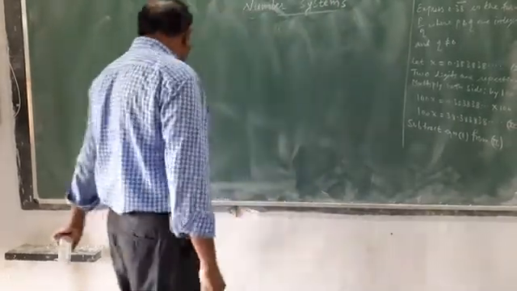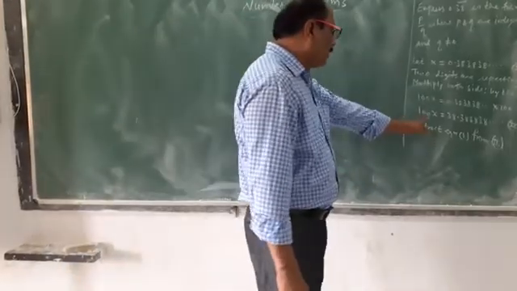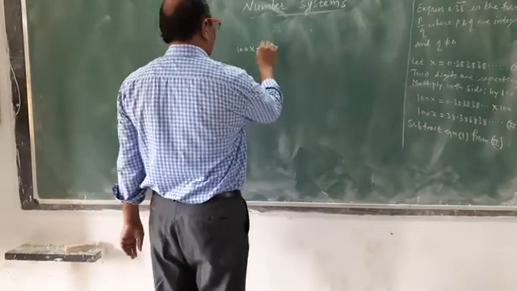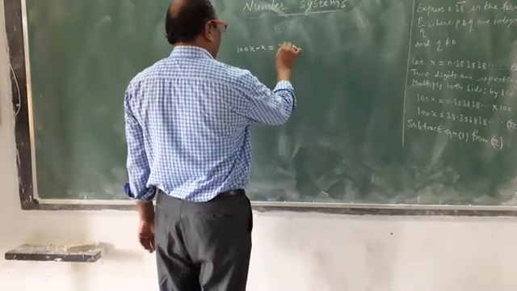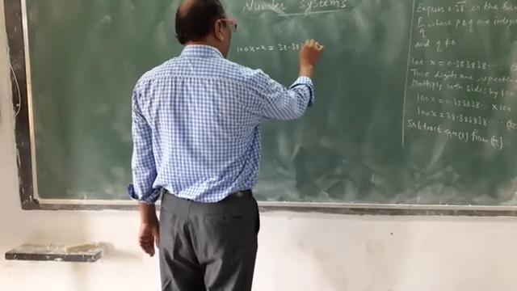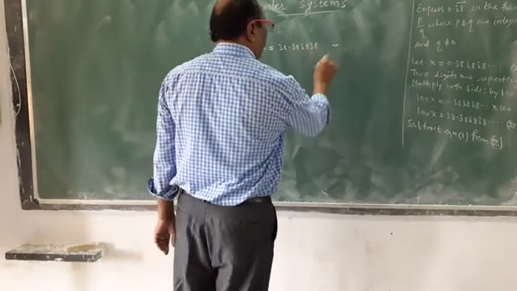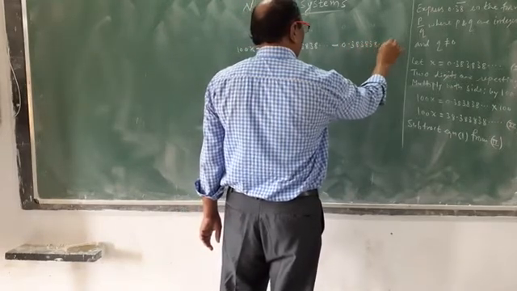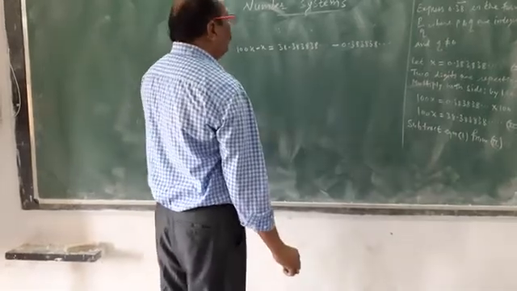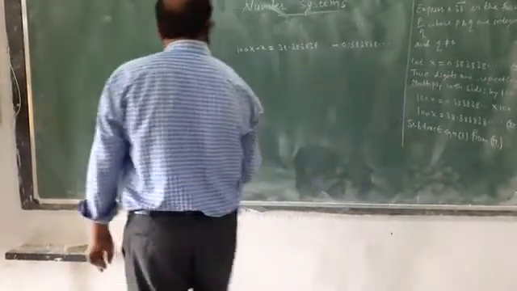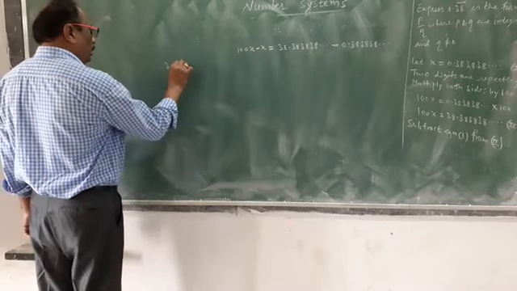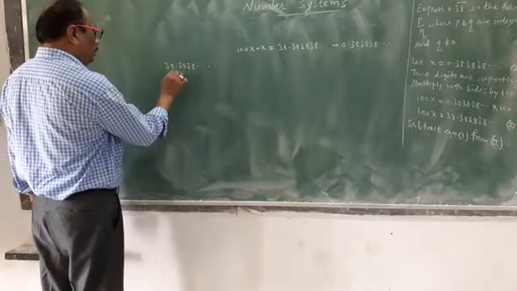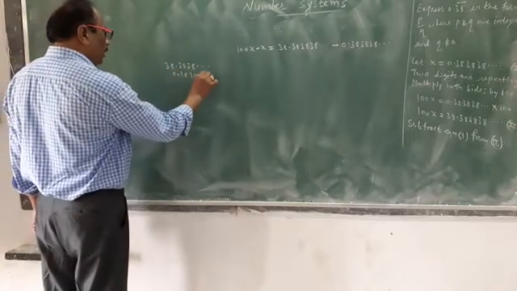Equation 2 is 100x, equation 1 is x, 38.38 minus 0.38, like this.